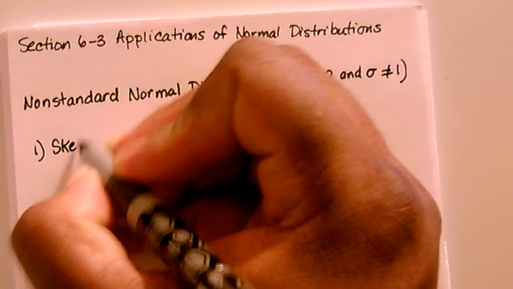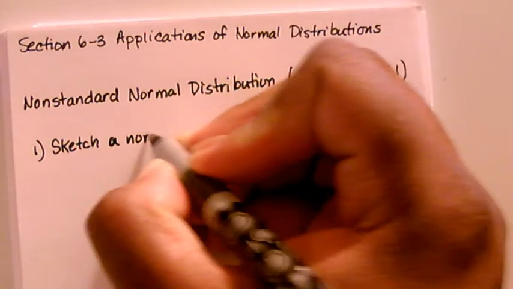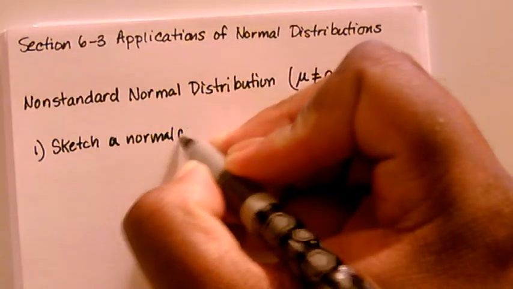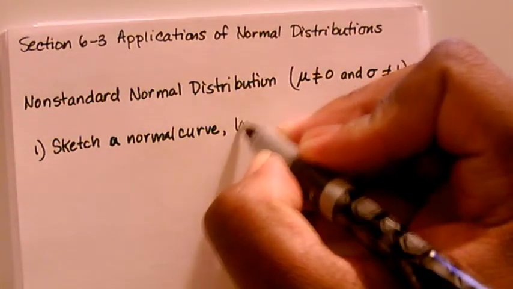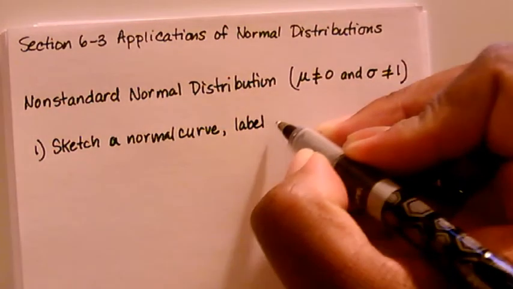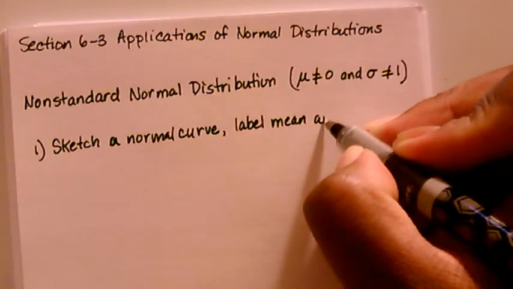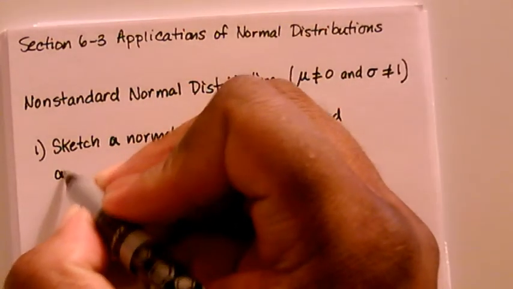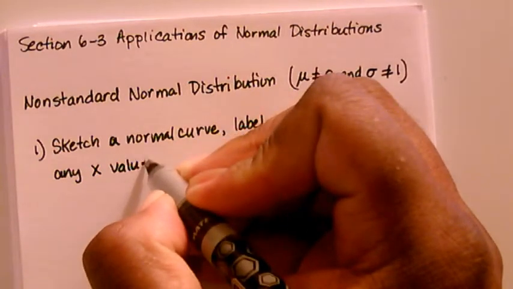It would be best to sketch a normal curve. Okay, and when you sketch the normal curve, you want to label the mean and any x value that is given to you.